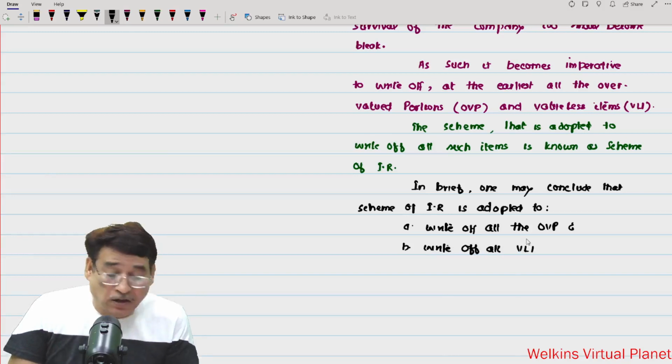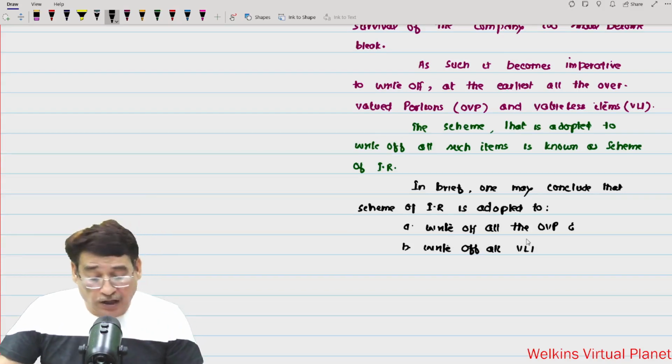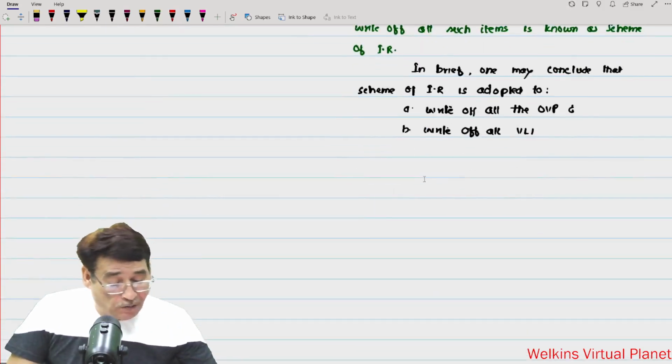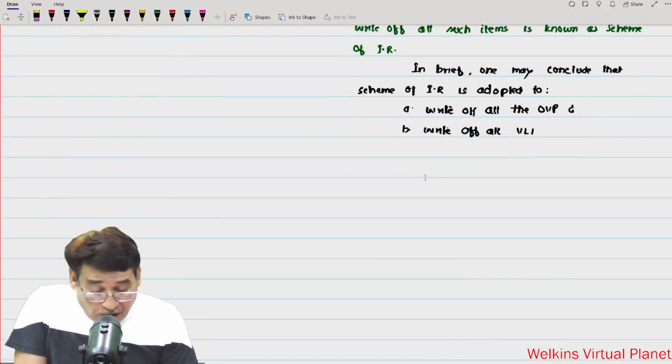Valueless item means profit or loss account debit balance, and all deferred expenditure like preliminary expenses, underwriting commission, discount on issue of shares, and any suspense account. Is it clear to you?